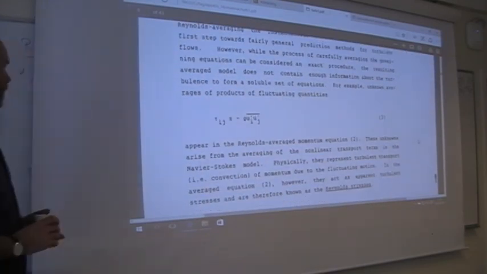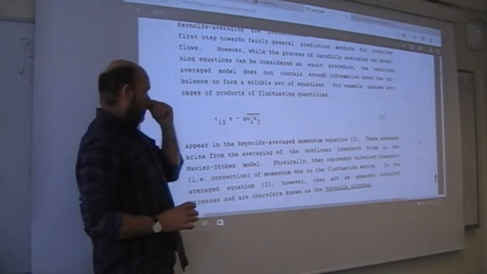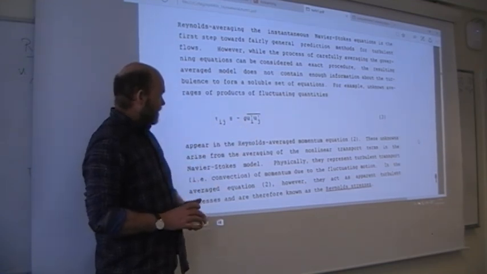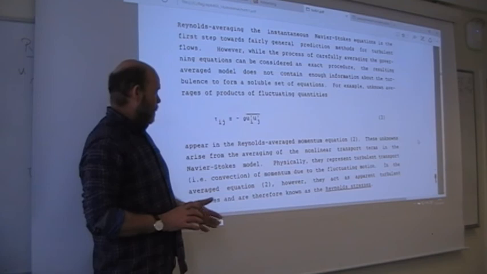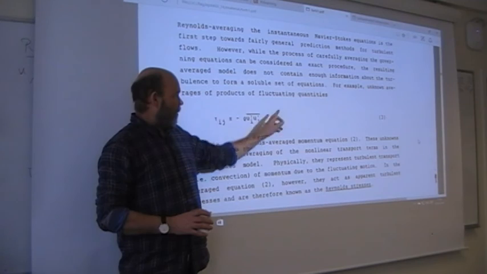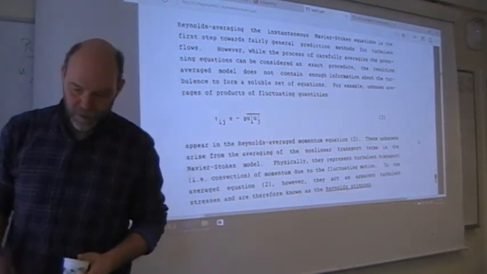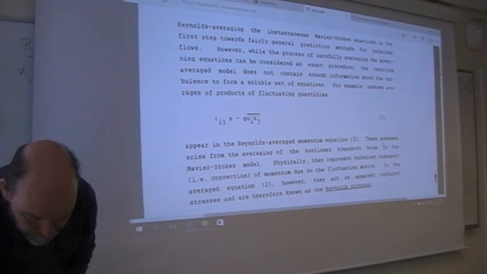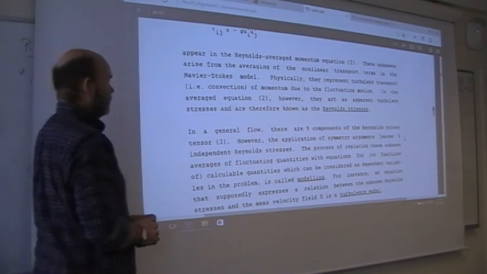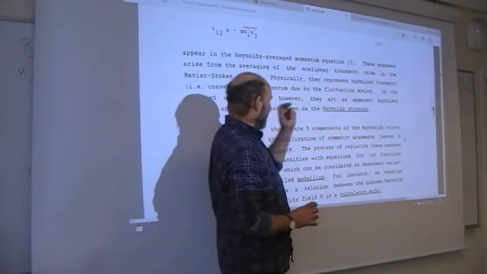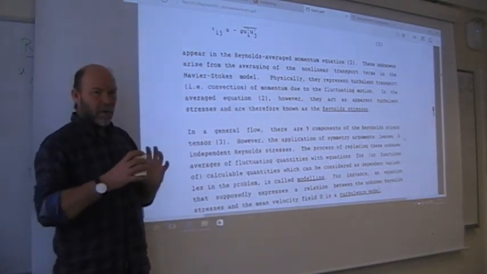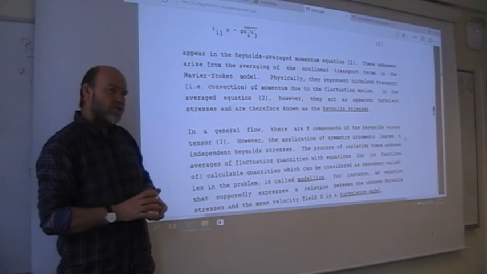So the Reynolds stresses, typically denoted with a small tau ij, is then this tensor. It's a symmetrical tensor, so it's not 9 functions, it's only 6. Although it's a 3 by 3 matrix, of course. But it's a symmetrical one. So we call them stresses. Sort of, as it says here, they act as an apparent turbulent stress, sort of an apparent diffusion mechanism.